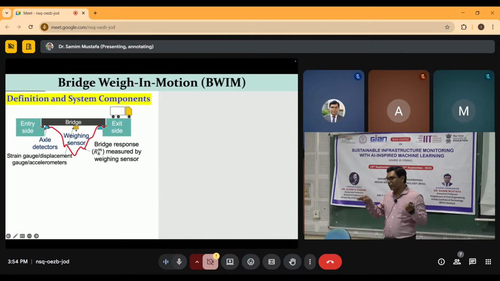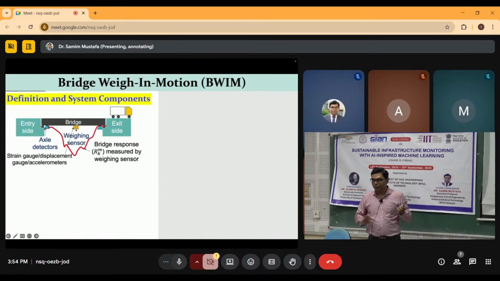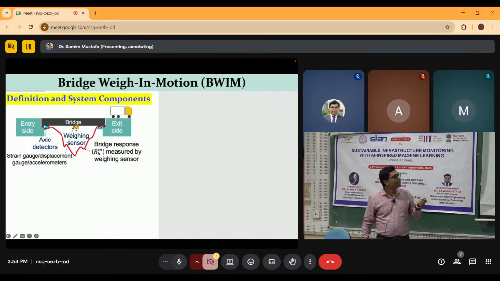That's why we consider this a dynamic problem. Here we will think of it as a static problem. Of course there is a dynamic part in the response, and we will discuss that later. But from this response, if I know the influence line of the bridge, then we should be able to determine the weight of the vehicle.